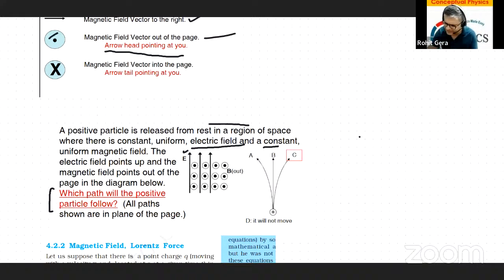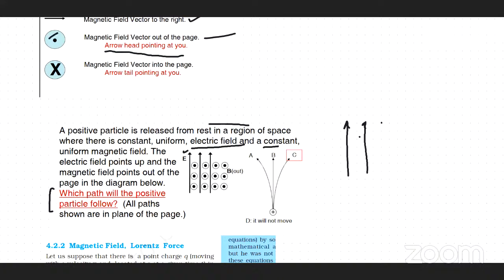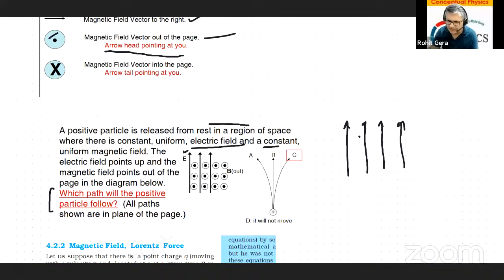The electric field direction is given, right? This is the electric field. If you keep a positive charge here, what direction will it move in? It will go upwards. Correct. The electric field starts from positive to negative, right? Away means drop in potential. So the charge will now start going upward.